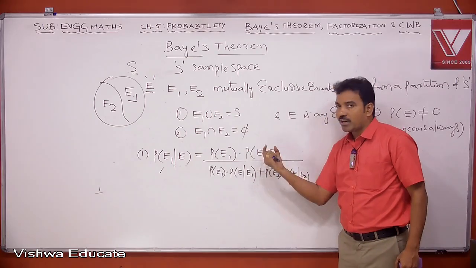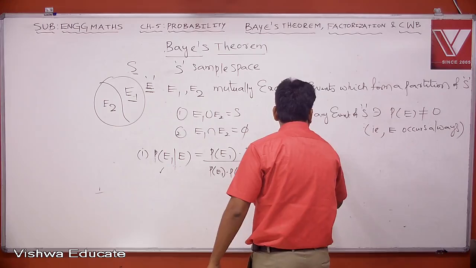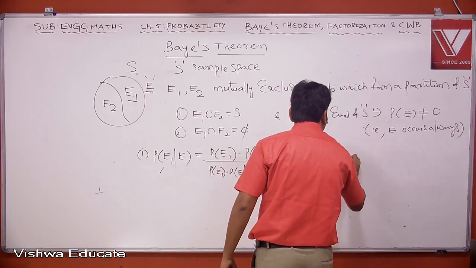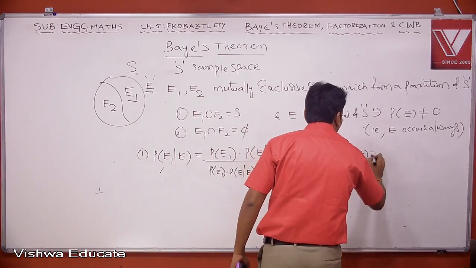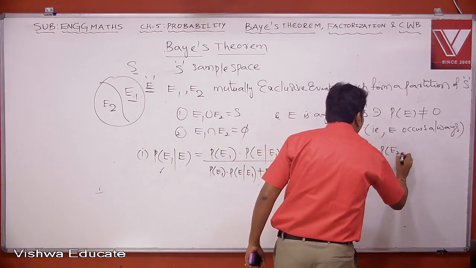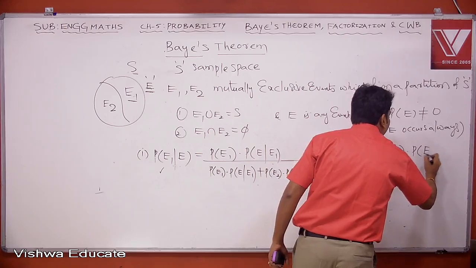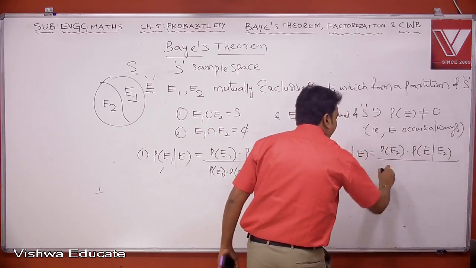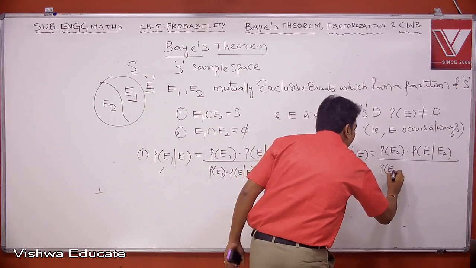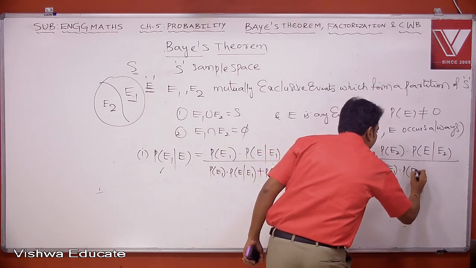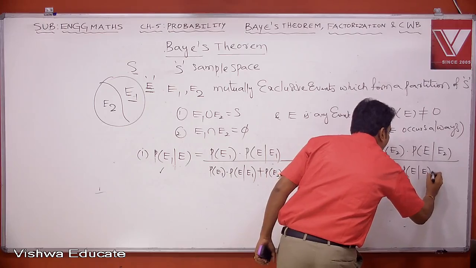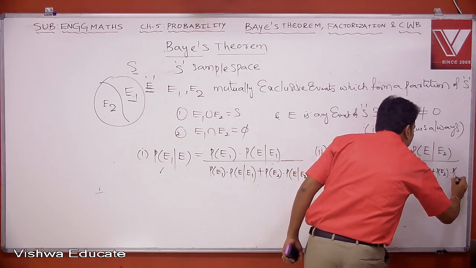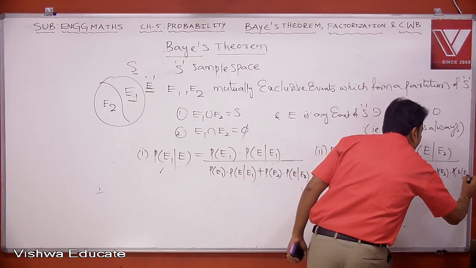This is the favorable case. Similarly, I can discuss P of E2 slash E, and this is given by P of E2 into P of E slash E2, divided by, it may come from either E1 or E2, so P of E1 dot P of E slash E1 plus P of E2 dot P of E slash E2.